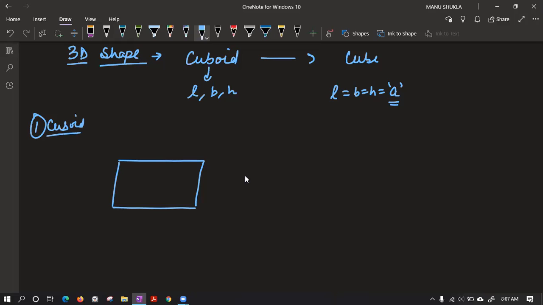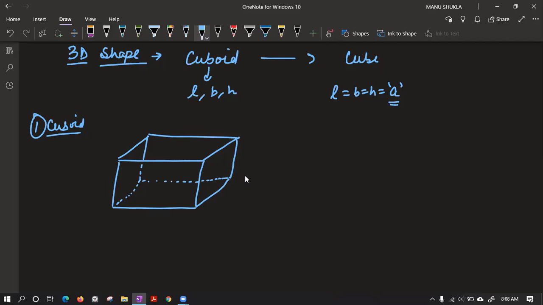So in this, this is the front face, this is the back face. These dots are just showing that they are not visible from the front, they are on the back side. Solid lines are showing that they are visible, and the dots are showing that they are not visible.